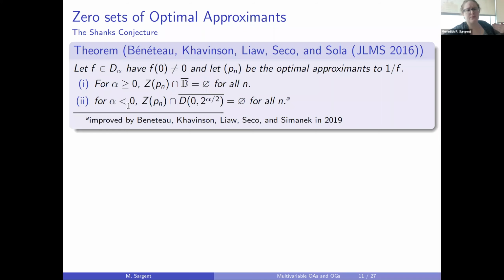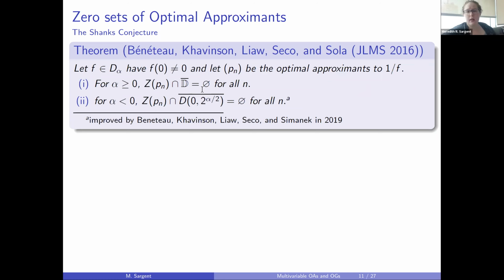And then for negative alpha, for example, for the Bergman space, the optimal approximants will be zero free outside of a smaller closed disk. So depending on the alpha, that's going to change the radius of the disk you can have. If alpha is greater than or equal to 0, it's just the unit disk.